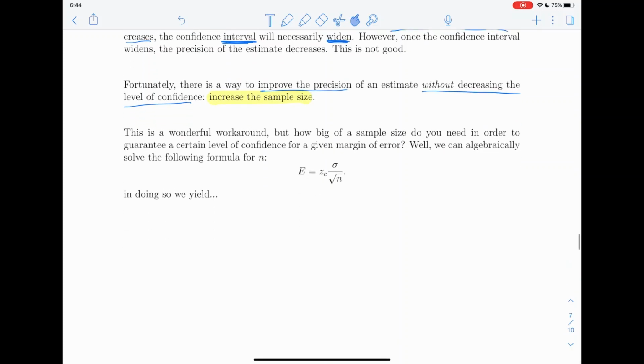This right here is the error formula we encountered above. So in this situation, if you know the error that you're willing to work with, or you're desiring, you know the confidence that you want, and you know the population's standard deviation, it's a simple matter of algebra to take this given equation and solve for n.